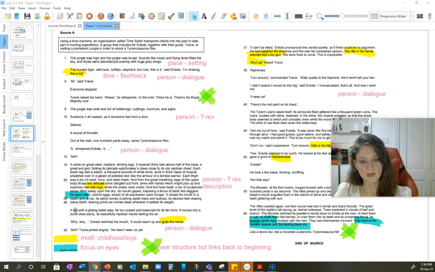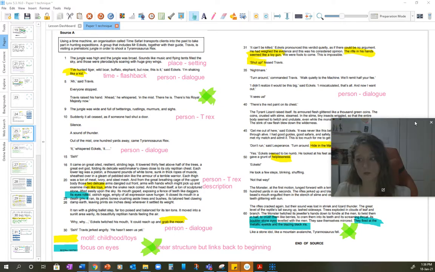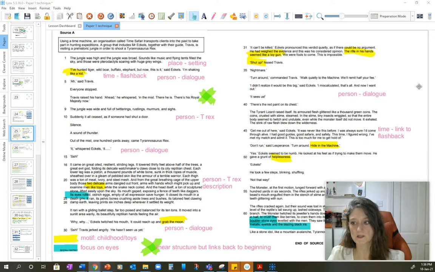And this bit here, eyes rolled, these kind of soulless eyes, is a quotation I gave you to look at last time for the language analysis. These soulless eyes are like the one weak spot on the dinosaur, and structurally this almost foreshadows what's going to happen at the end, that they're going to target the dinosaur's one weak spot, its soulless eyes.